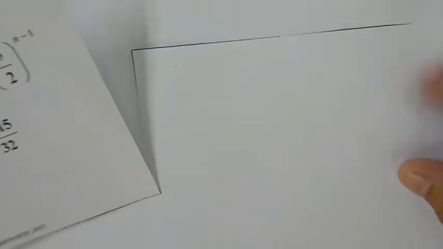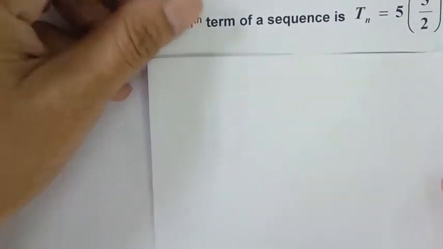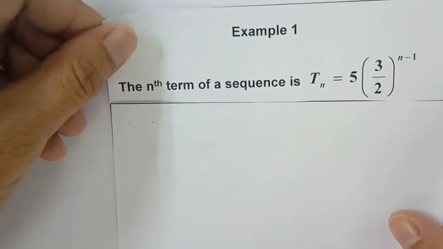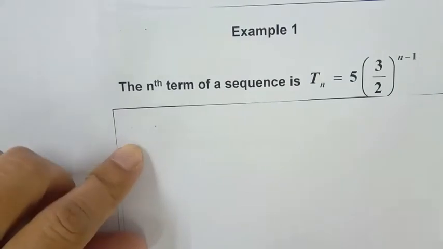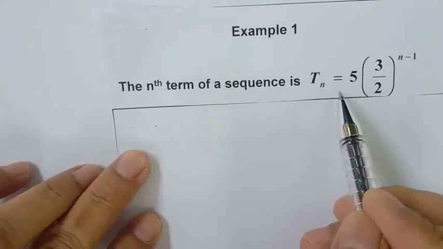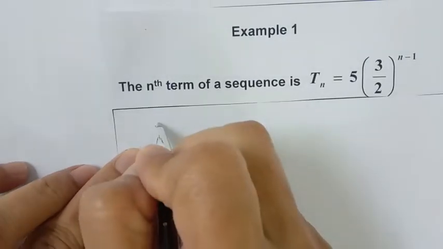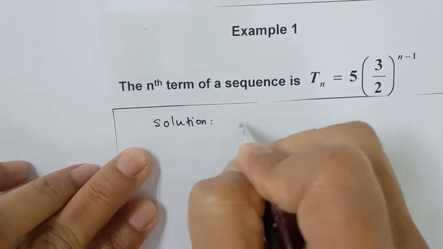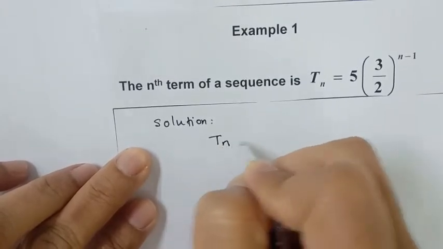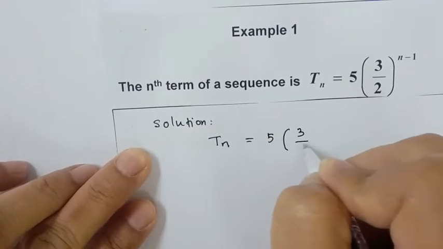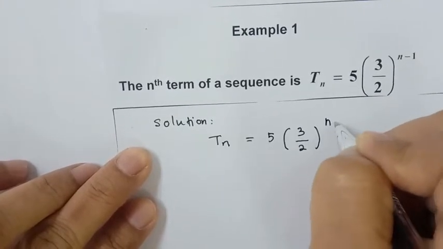So the question gives Tn equal to 5 times 3 over 2 to the power of n minus 1.